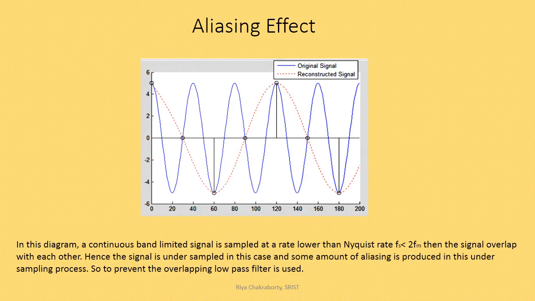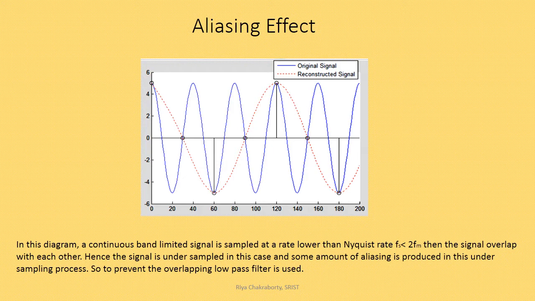In fact, it is the phenomenon in which a high frequency component of the signal takes the identity of a lower frequency component of the sampled signal. So, due to aliasing, it is not possible to recover the original signal from the sampled signal. Hence, the signal is distorted.